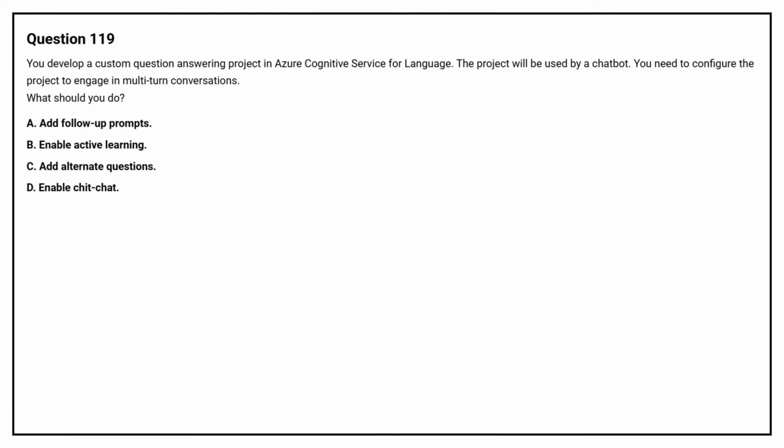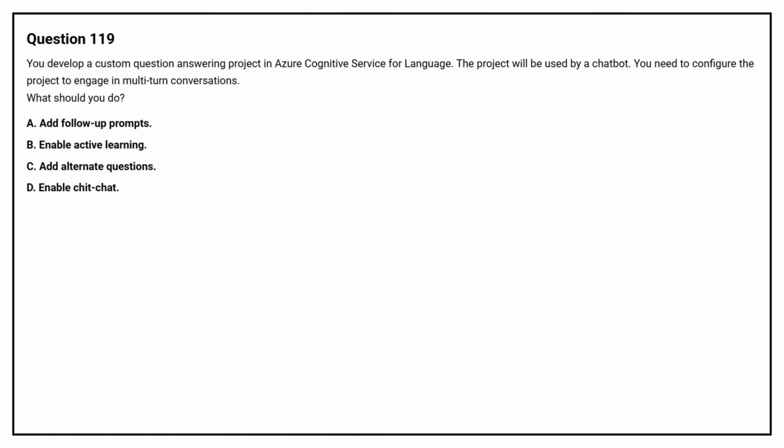Question number 119. You develop a custom question answering project in Azure Cognitive Service for language. The project will be used by the chatbot. You need to configure the project to engage in multi-turn conversations. What should you do?